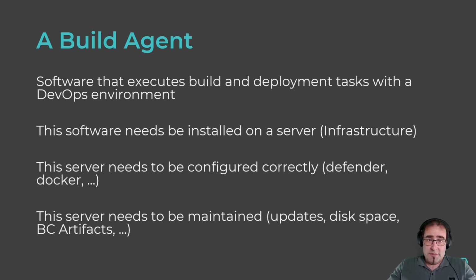So in terms of Business Central, it's basically your compile, running tests, and deployment of your app, either in SaaS or on-prem. An agent automates that. An agent makes it able to run these tasks, to run this PowerShell basically on hardware by running software on this hardware. Now, I would like to focus on this hardware part, so this infrastructure part.